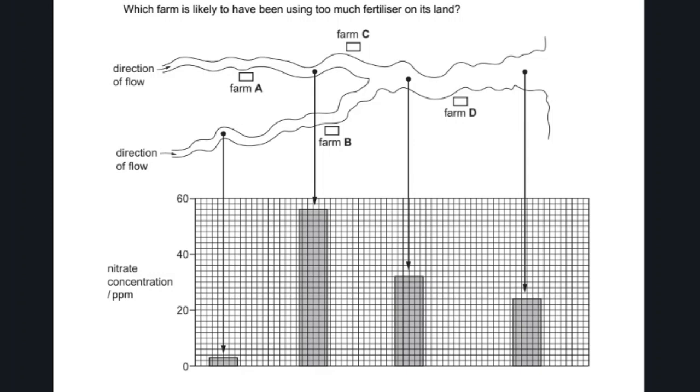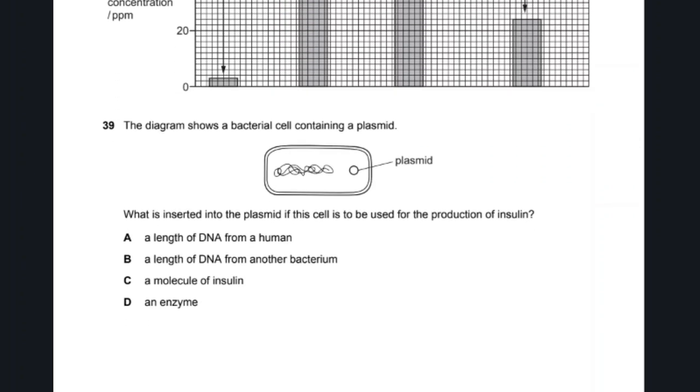Fertilizer has to enter the water, and it takes time, and during this time the nitrate level will increase. So farm A is the right answer, because it is the farm likely to have too much fertilizer on the land, and it takes time to enter the water source.